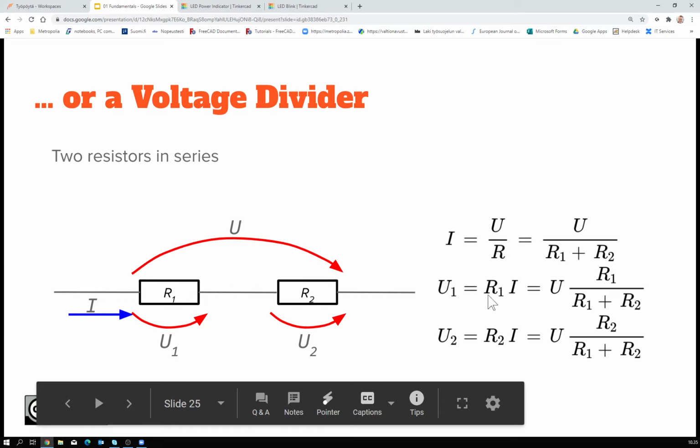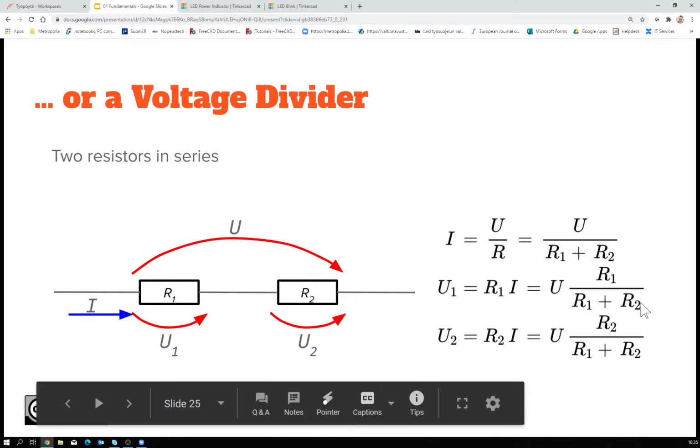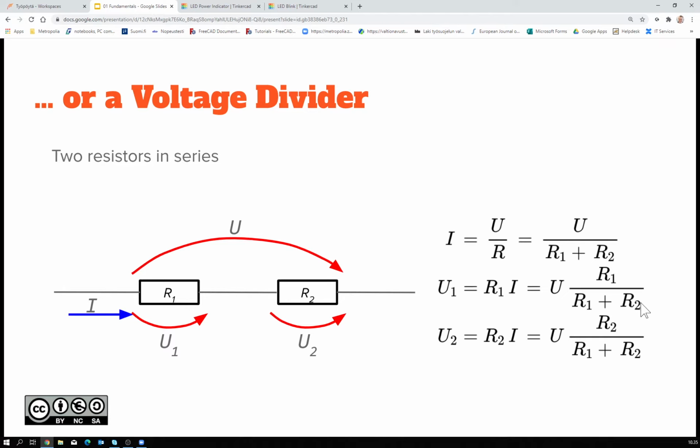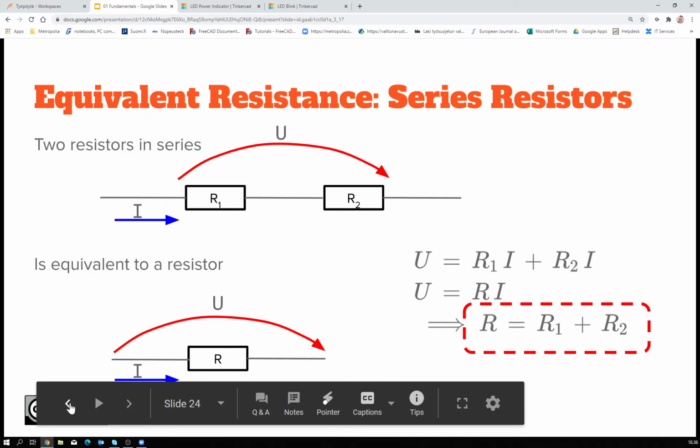It comes up as the total voltage times the R1 portion of the total resistance, so the total voltage times R1 divided by R1 plus R2. Okay, so simple. It's also a voltage divider, and equivalent resistor.